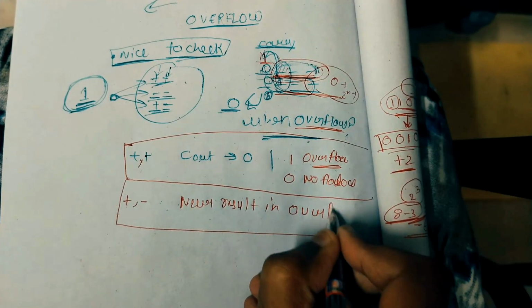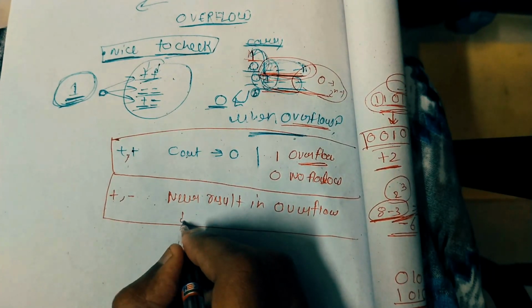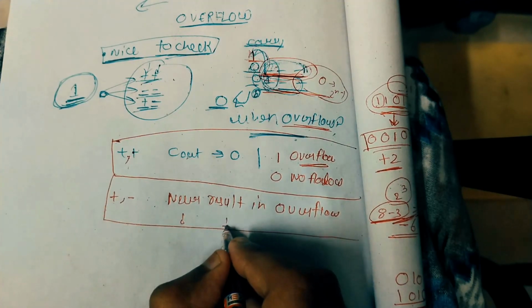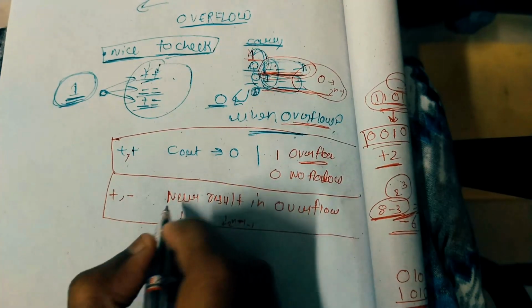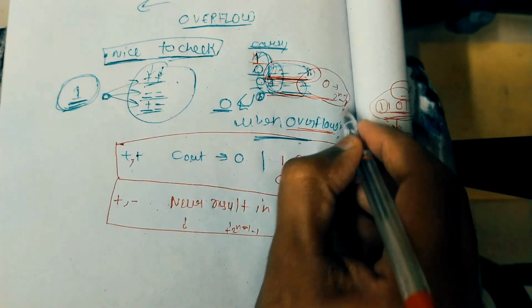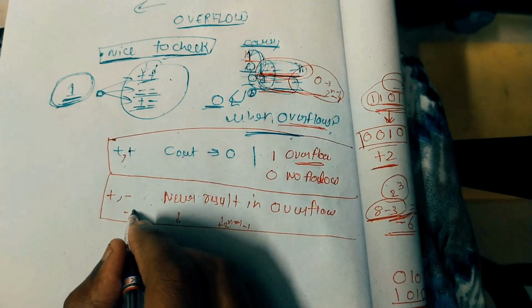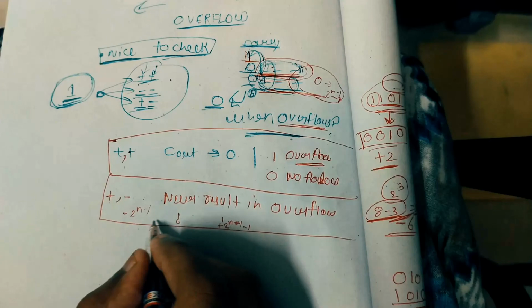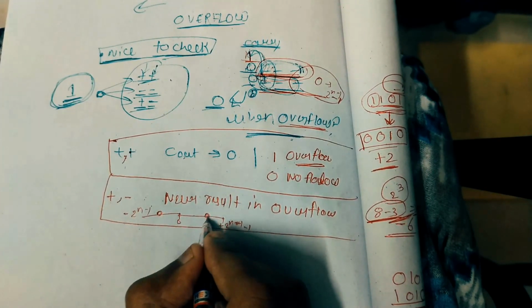Why is that? Just look at the number line. Here we have 0. Here we have plus 2 to the power n minus 1. Here we have minus 1, I'm sorry, and here we have minus 2 to the power n minus 1. Now, one number is negative, one number is positive.